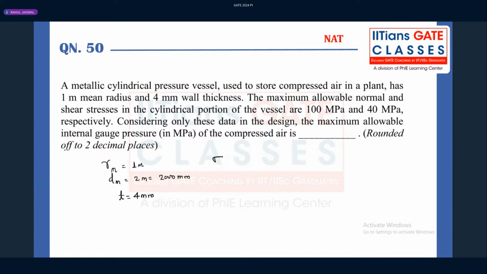The maximum allowable normal stress is 100 megapascal, and maximum shear stress is 40 megapascal. Considering only this data in a design, what will be the maximum internal gauge pressure of the compressed air? Before moving on to the solution of this question, if any doubt, let us know, guys, right?